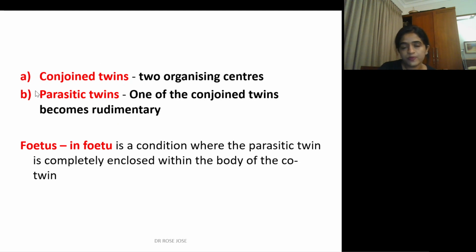So these are the options which you get, and conjoined twins and parasitic twins are actually lethal complications because in the rest of the options you can get two fetuses as two separate individuals, but in conjoined twins they'll be having two organizing centers, but still they will be fused together, and it's difficult to separate them. Whereas in parasitic twins, you will get one as normal but the other one will be rudimentary.